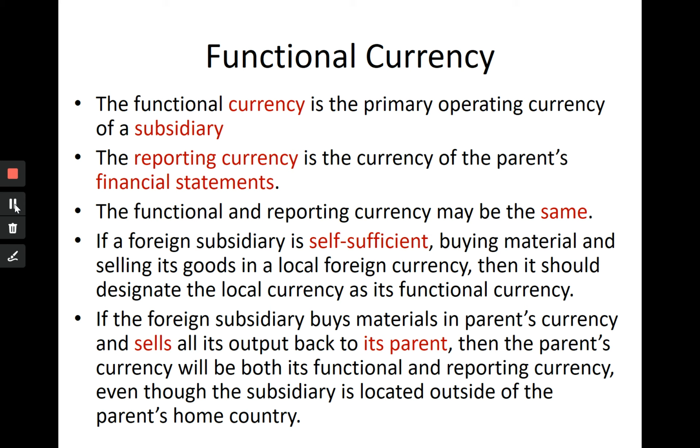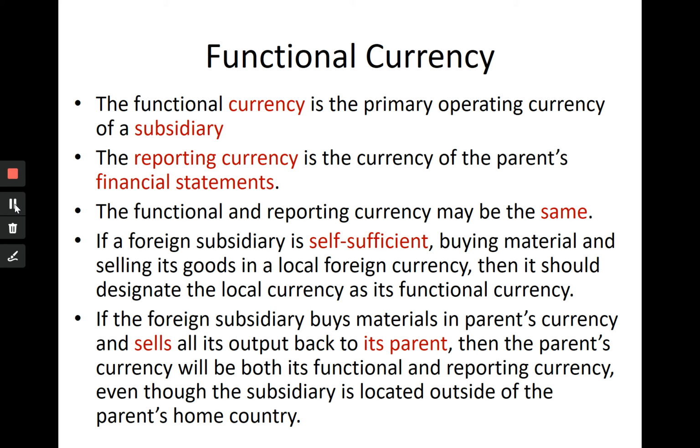The functional currency is the primary operating currency of a subsidiary. The reporting currency is the currency of the parent's financial statement. Definition of two different currencies. And now we say that, look, this functional currency could equal the reporting currency or could be different from the reporting currency.